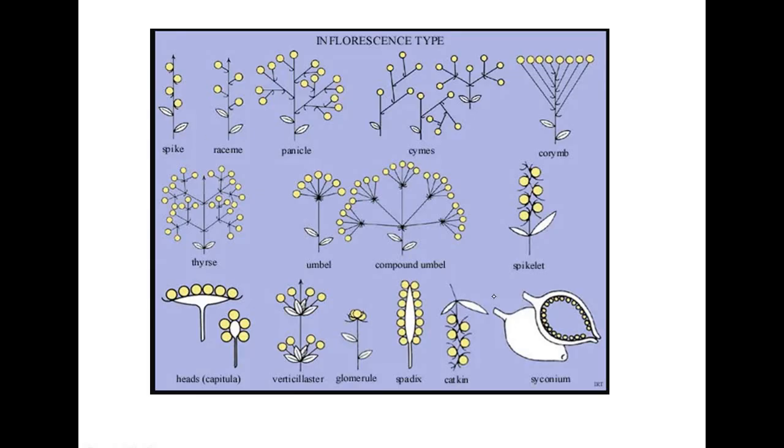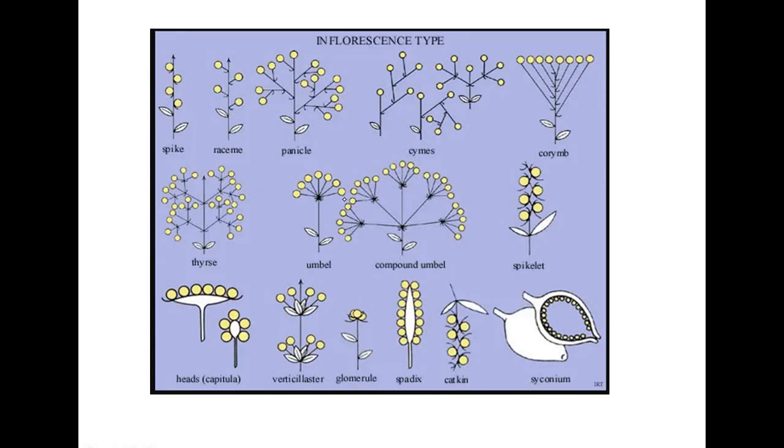These are different images of racemose inflorescence. Spike, raceme, alternate: the flowers are sessile. Panicle: each axis is again branched. Cyme. This is corymb. It is easy to relate corymb and umbel. Umbel is umbrella-shaped, but in corymb all the flowers are at one level.